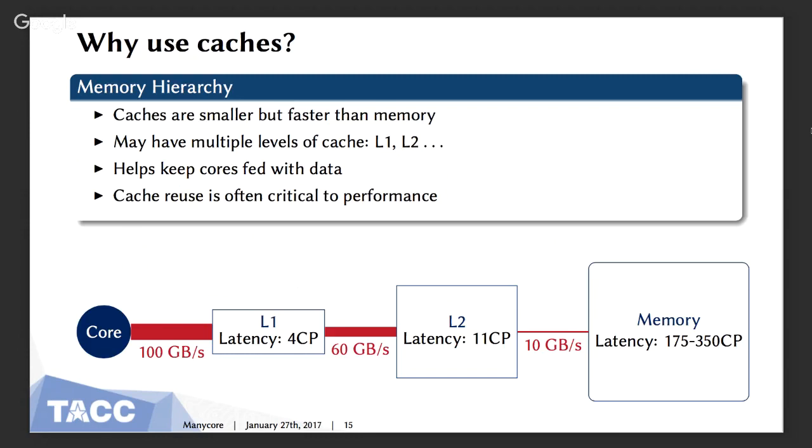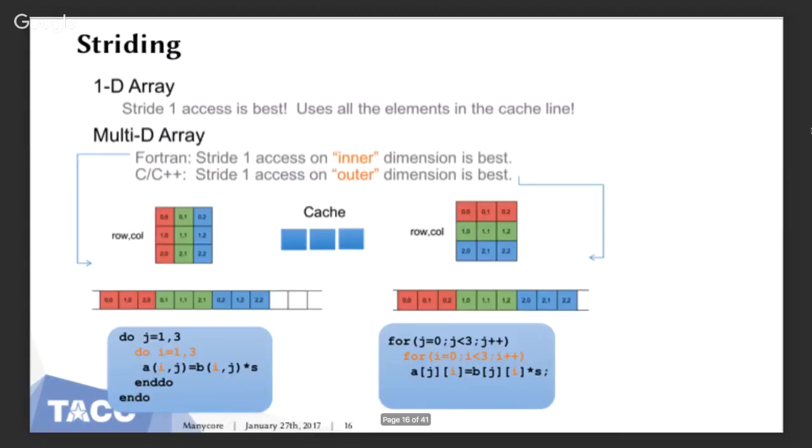Then the L2 is a little bit further out. The latency is a little bit higher. It's harder to pull the data in, or it takes longer to pull the data into the core. And then all the way on the end, way out there, we've got our memory, which is so there's about a factor of 10 difference in the bandwidth between the L1 cache and the memory, and almost a factor of 100 difference in the latency.